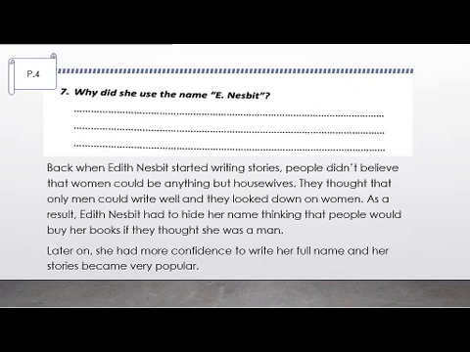Later on, she had more confidence to write her full name, and her stories became very popular. So, learn from Edith Nesbit to trust yourself and have a little bit more confidence in yourself and never hide away from people. So, being popular had nothing to do with being a woman or a man. It had everything to do with self-esteem, confidence, and trusting herself.